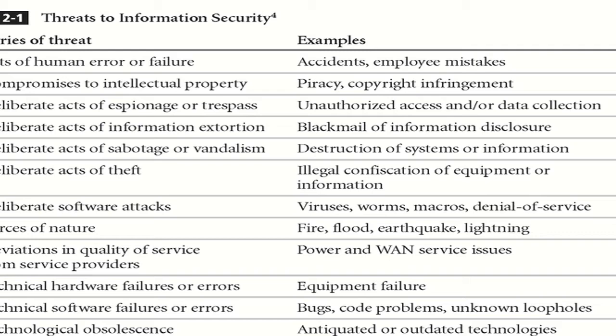We also have what we call technical hardware failures or errors. Sometimes you will discover that equipment might actually fail. When a certain piece of equipment fails, let's say for instance, we'll take Econet as an example. Econet has a service that it provides to customers, a service known as EcoCache.